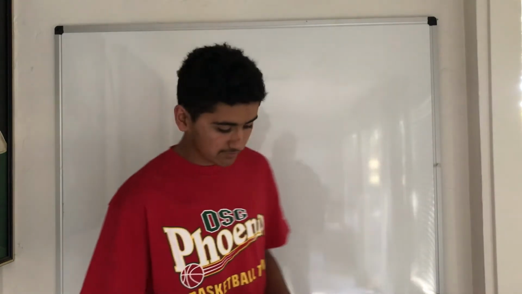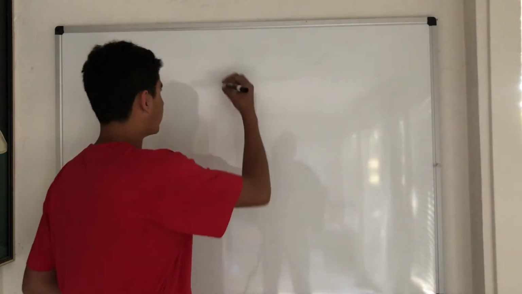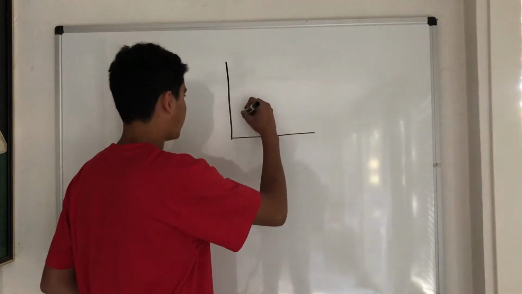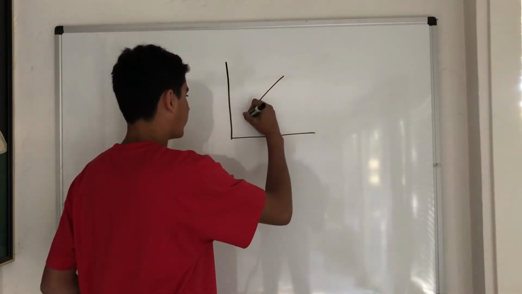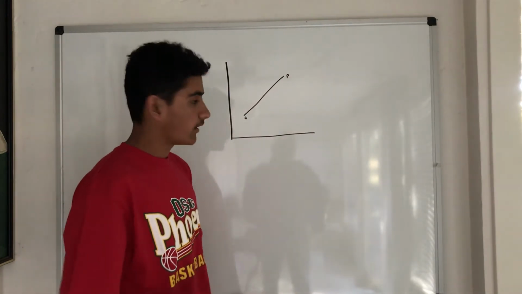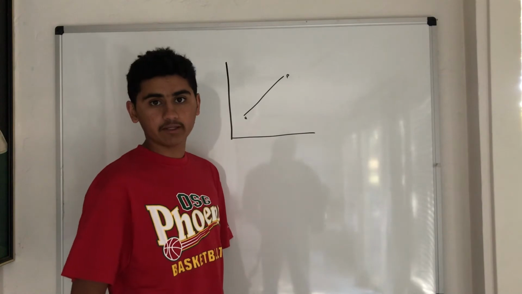So let's talk about things you guys have probably learned in your previous math classes. Let's start with the basic of the slope of a line. If I have a graph and I have a straight line from point Q to point P, how would you find the slope of the line?